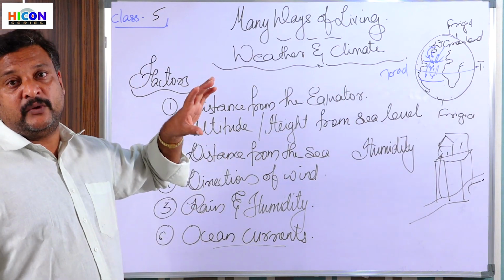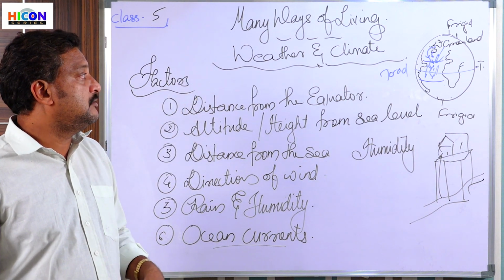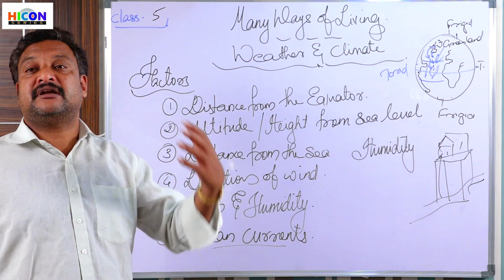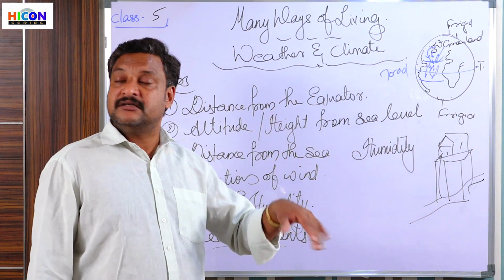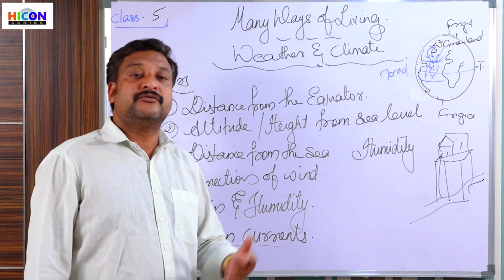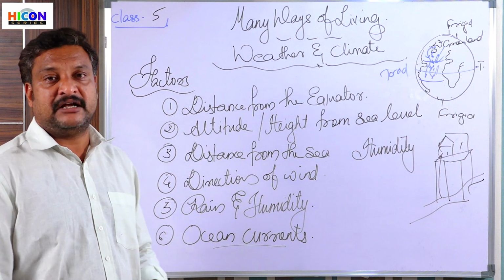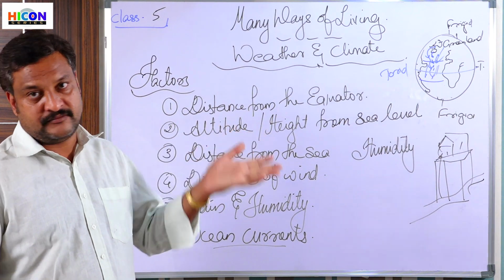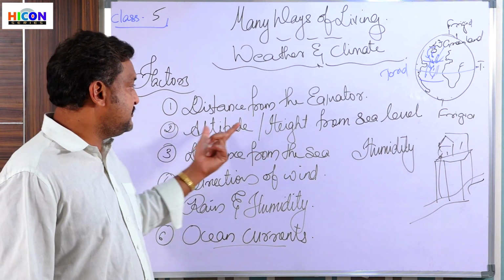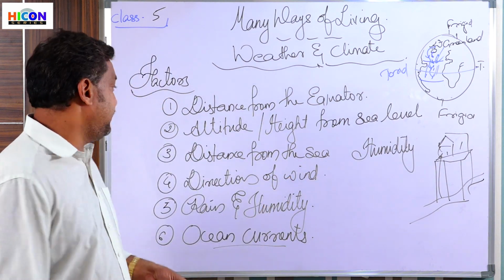Above and below the tropic regions, the intensity of sunlight is comparatively less. Those are the temperate zones, and the polar regions are frigid zones, where the amount of sunlight they receive is very little. So based on the distance we travel from the equator, there will be a difference in the climatic conditions.